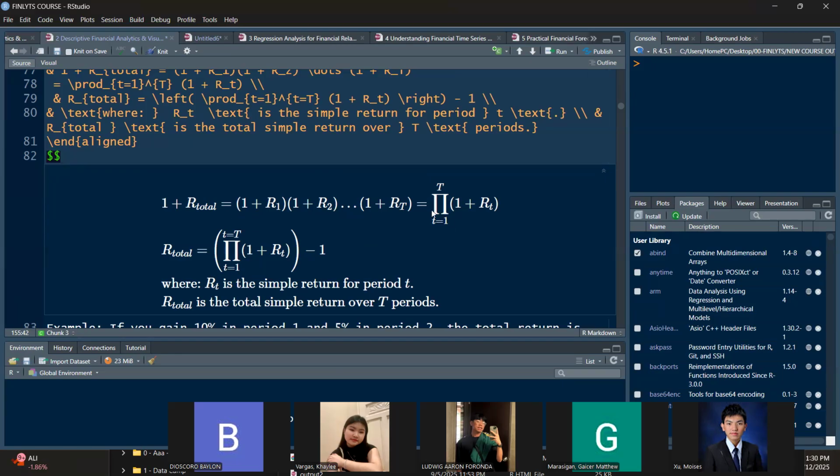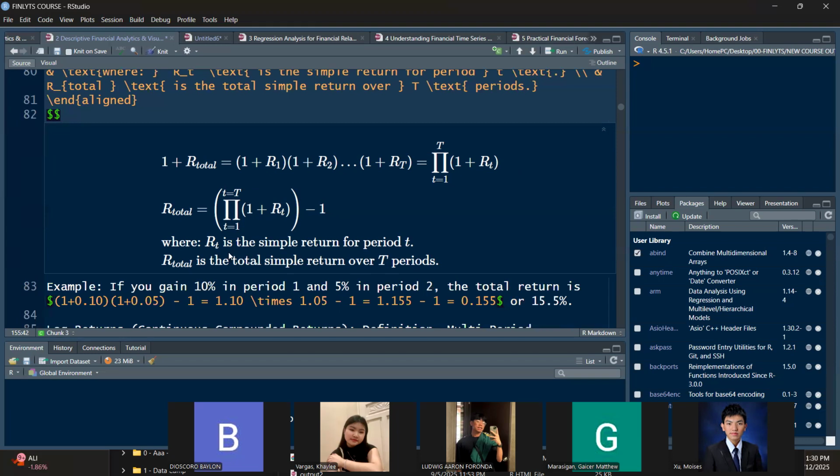This is equivalent to the product of 1 plus r. So we can compute for R sub t, which is equal to this product minus 1. R sub t is the simple return, and R total is the total simple return.